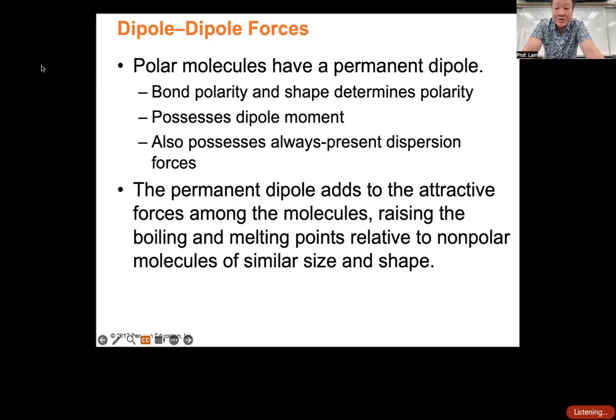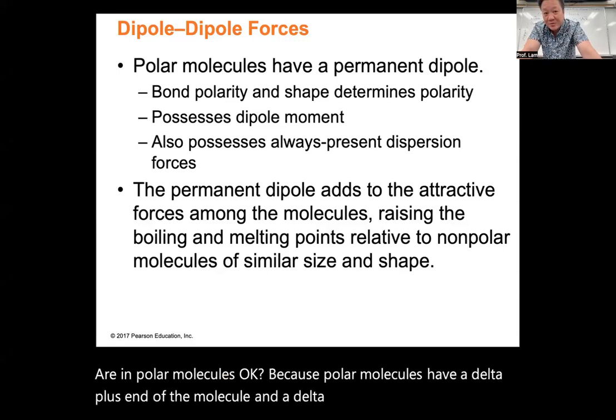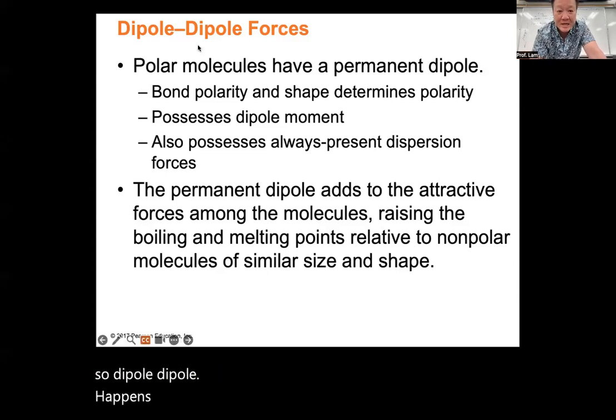Okay, so dipole-dipole forces are in polar molecules, because polar molecules have a delta plus end of the molecule and a delta minus end. We call that a dipole. So dipole-dipole happens between one dipole and another dipole. That's why it's called dipole-dipole.